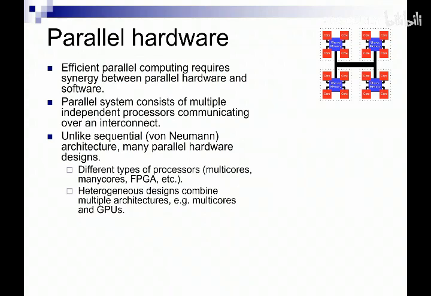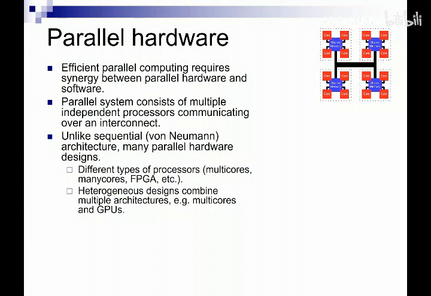Now, as you can imagine, you can combine the shared memory and the network in many different ways. And these different combinations lead to different types of parallel hardware designs. In addition, these processors, these little red regions over here, represent either cores or processors, and they can be designed in different ways.